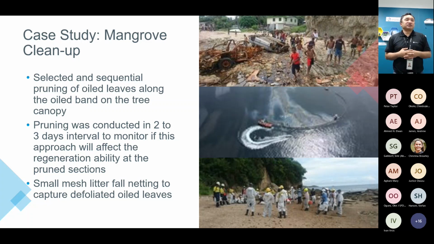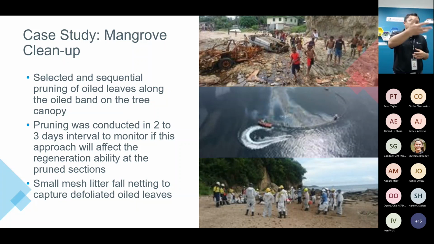We monitored this, so when we left, the government agency assigned somebody who monitored. I think a relevant agency monitored this and continued doing the pruning. And it was deemed successful. So basically, the affected mangrove actually regenerated after a period of months. So they did some sampling as well with regards to the waters along the mangrove area.